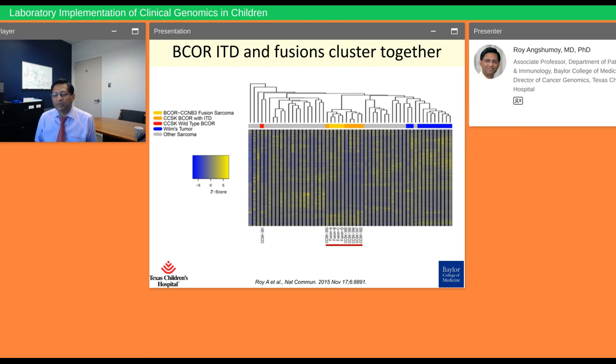And we remarkably found that whether it was a BCOR fusion with CCNB3 or whether it's a BCOR ITD, these tumors all clustered together at the center over here. We can see this in the expression profiling. This is a hierarchical clustering, unsupervised, but you can see the CCSKs and the fusion-positive tumors with BCOR all clustered together neatly. So that's a remarkable finding.